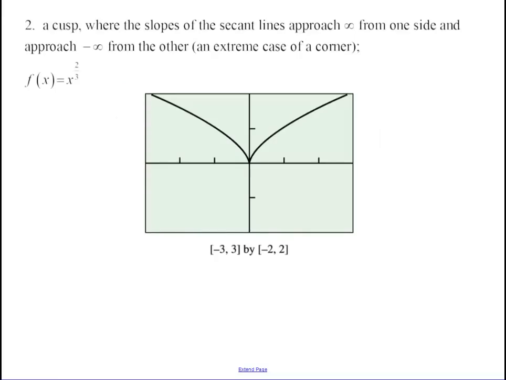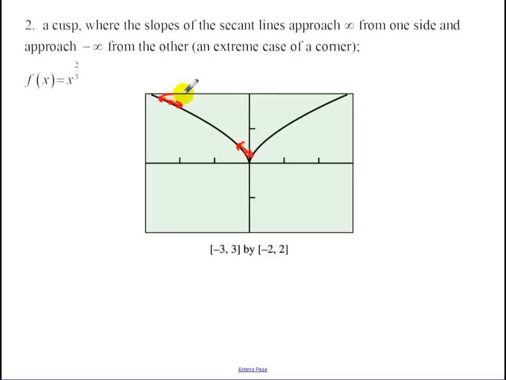A cusp. So when you are looking at this, the slopes of your tangent lines here are going negative, negative, negative, but compared with, say, this tangent line over here, with maybe one that's real close to 0, those tangent lines are not as steep as this one right here.